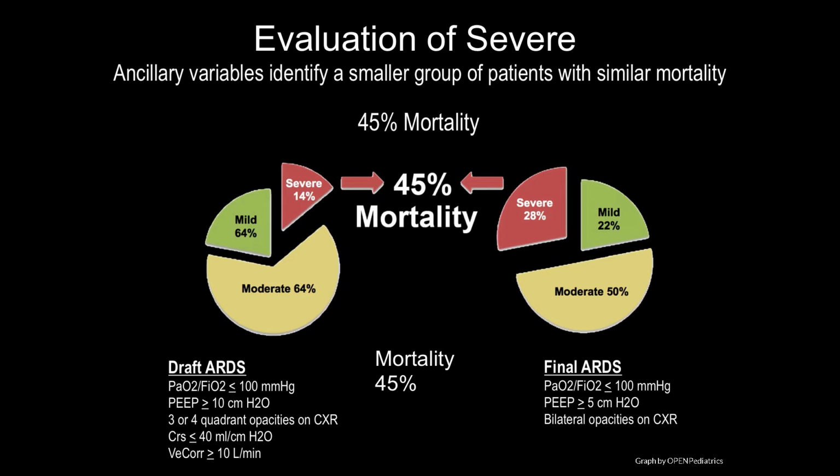So at least with regard to predictive validity, which were the rules we decided we were going to play by, these groups weren't different. And the important point here is that's because we already started with stratification by P-F ratio. If we ignored P-F ratio and said, well, we're going to stratify this whole cohort by compliance, it would have looked very different.